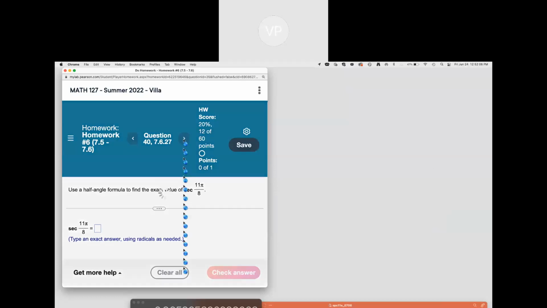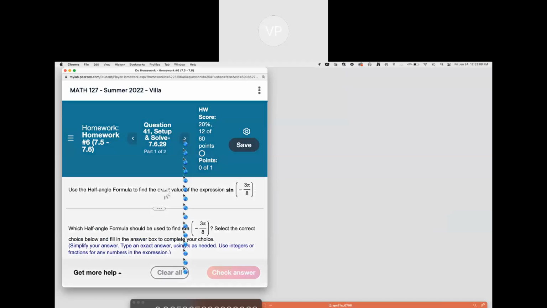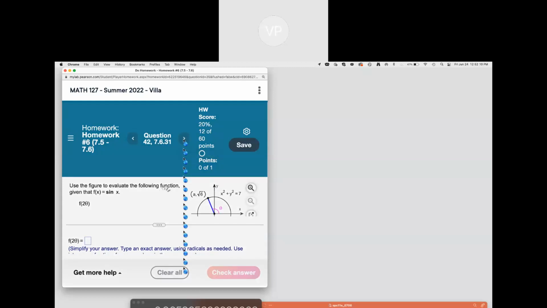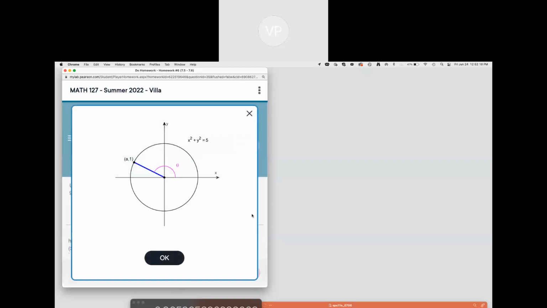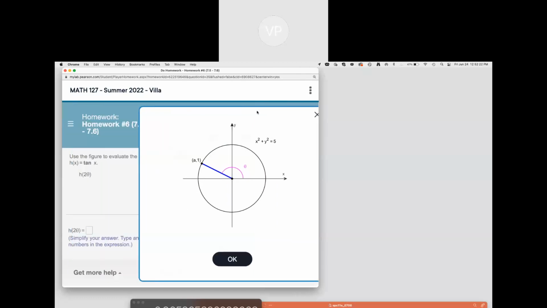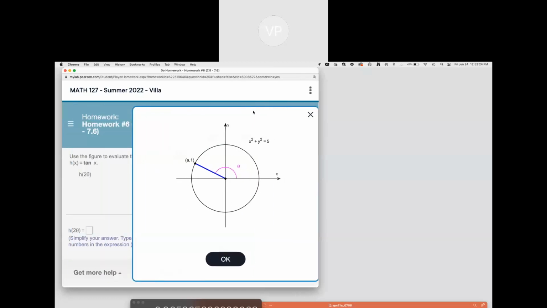All right, so let's look at number 43. Use the figure to evaluate the following function. Now, let's make this a little larger. They want us to find h of 2 theta.